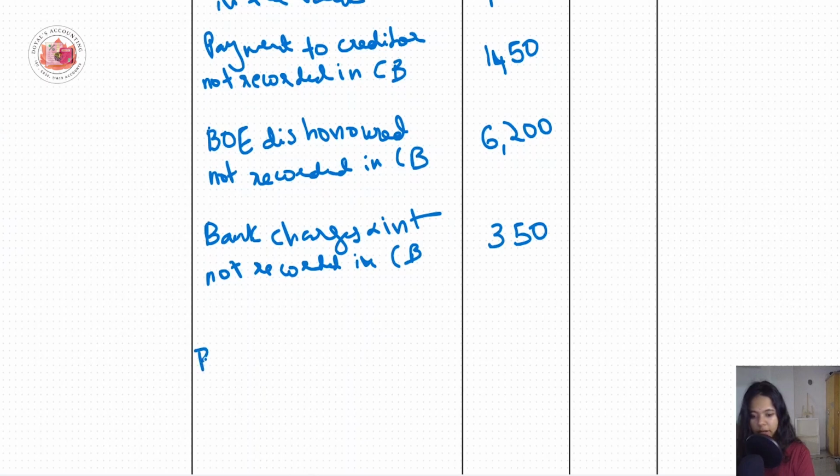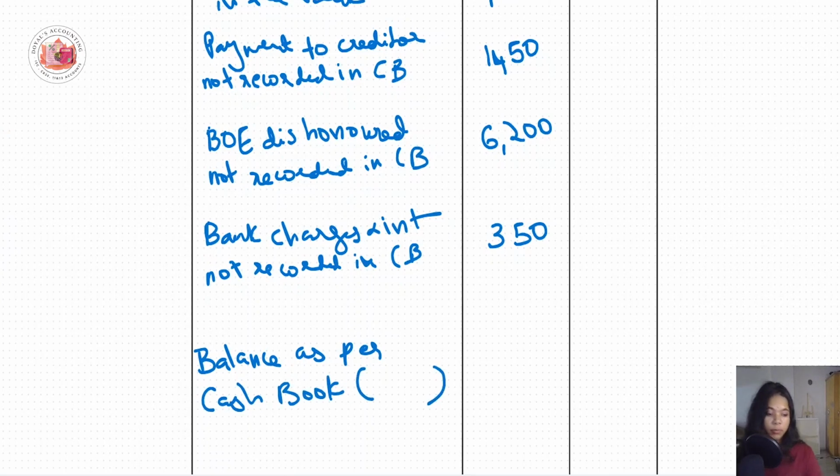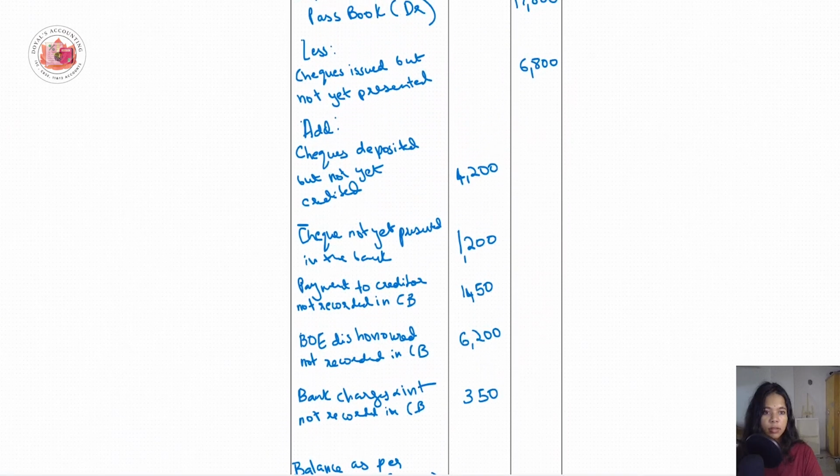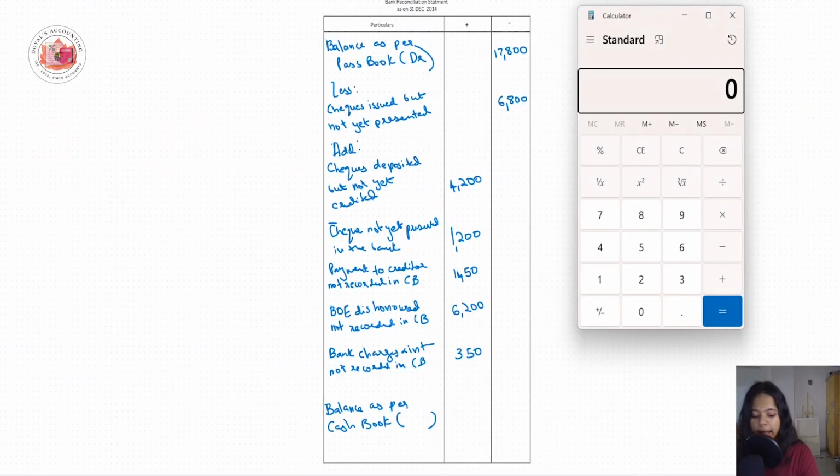Now let me find out my balance as per cash book. We've recorded all our transactions. I'm not going to write whether it's a favorable or unfavorable balance until we compute the full thing. Now it's calculation time.